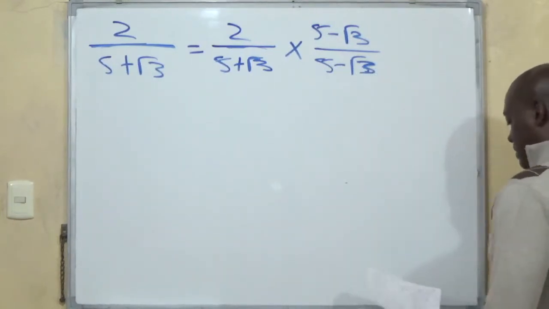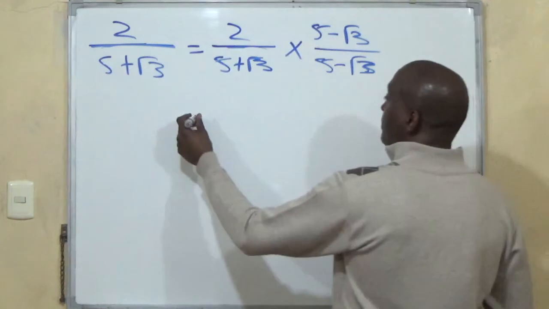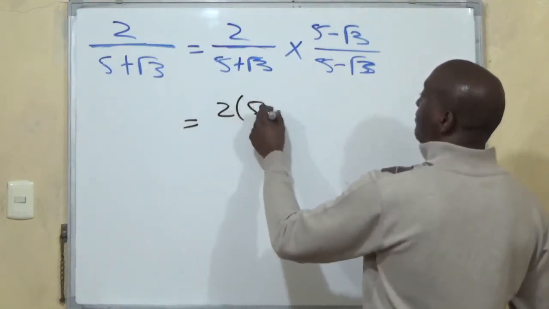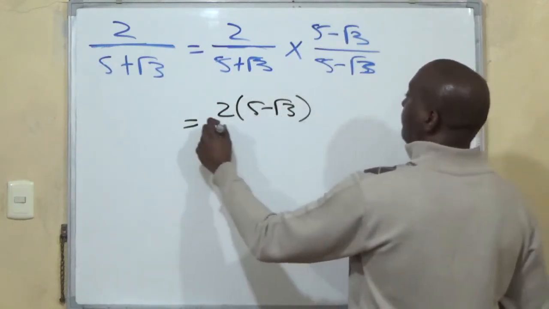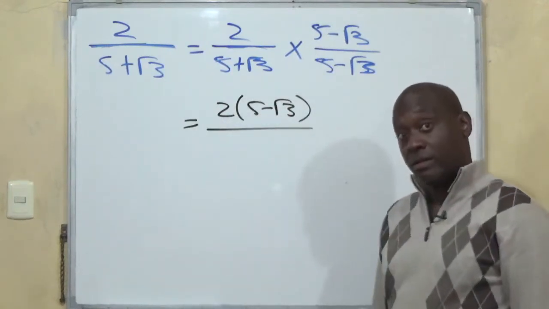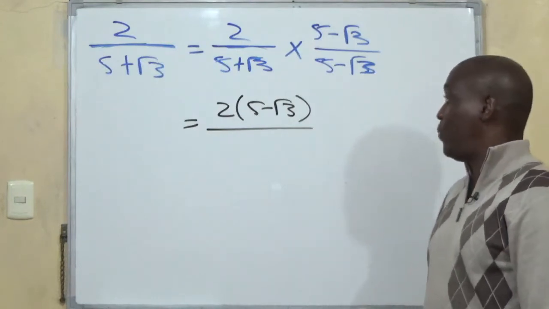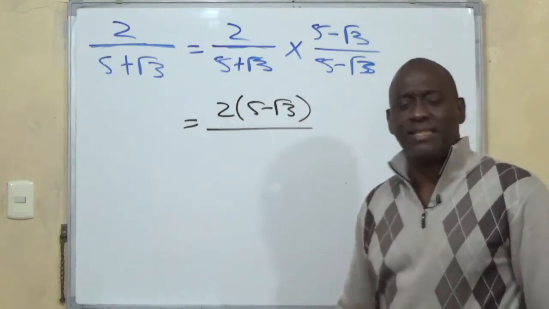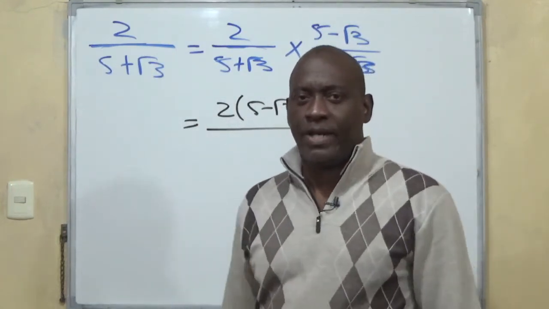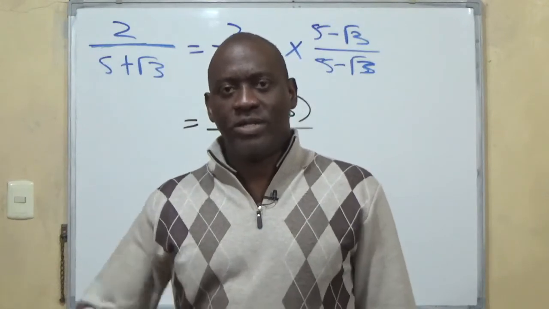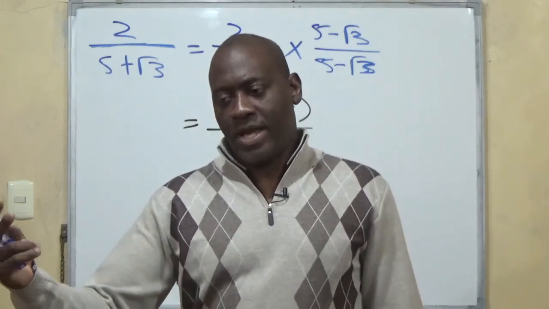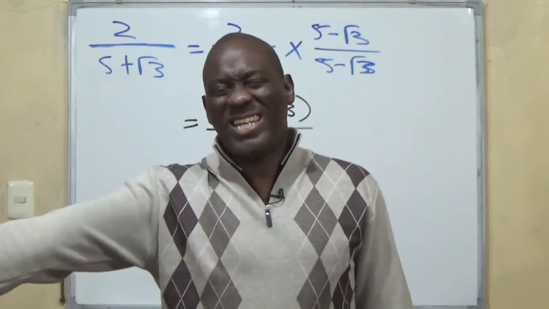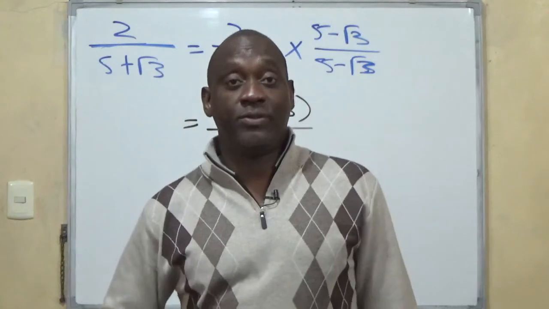What we will get coming down the road would be, multiply the numerators, 2 into 5 minus root 3 on top, all over... No, we're not going to multiply out all of that. We discussed that in the last video. And we said that once you're multiplying a binomial surd by its conjugate, you could go straight to the difference of two squares.